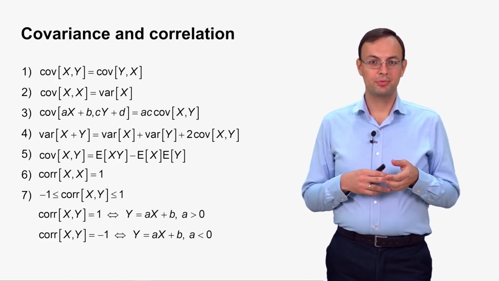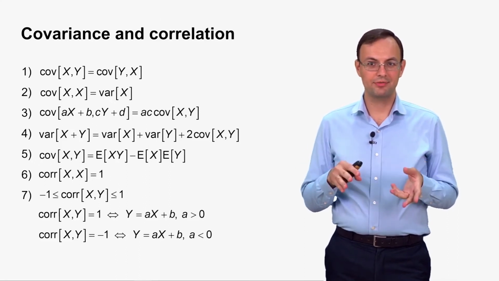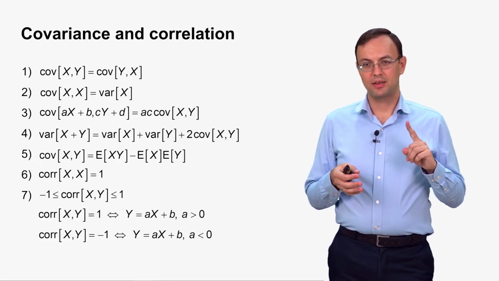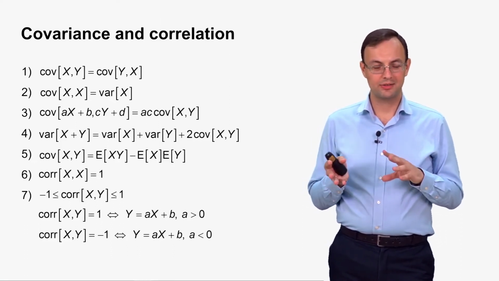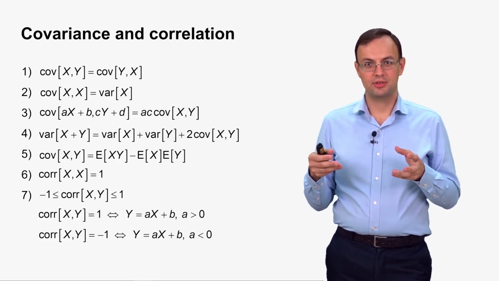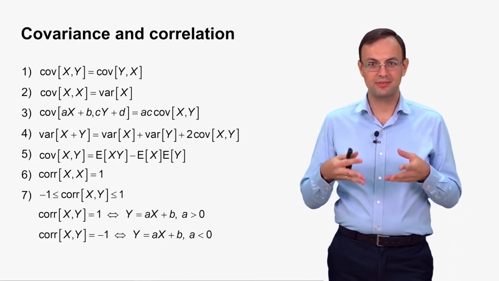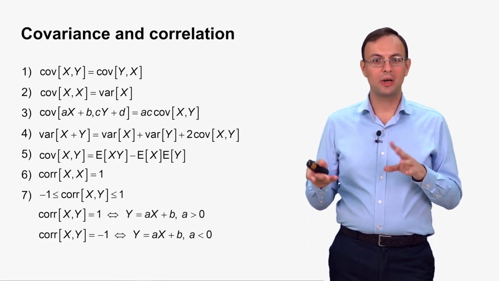As for correlation, the first important thing is that correlation of any random variable with itself is 1. The second, correlation can take values from -1 to 1. So it is a normed coefficient. So covariance can take any values from -infinity to +infinity, and correlation can only be from -1 to 1.